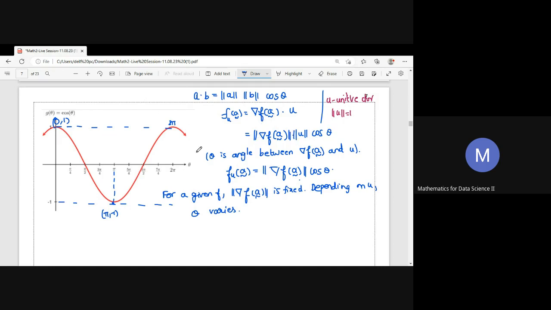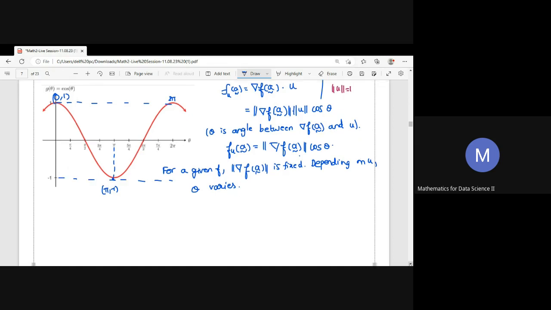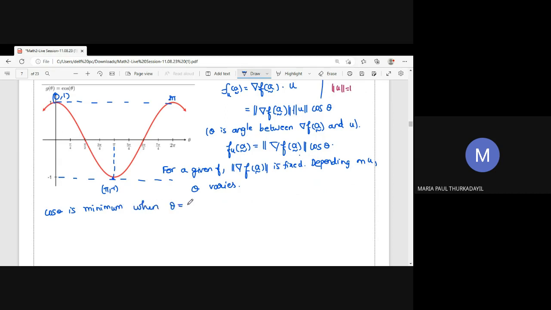Fine. So here you see that cos theta is minimum when theta is equal to pi. So cos pi is equal to -1. And cos theta is maximum when theta is equal to zero.